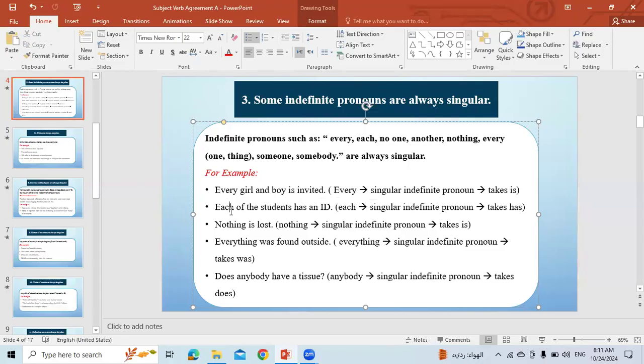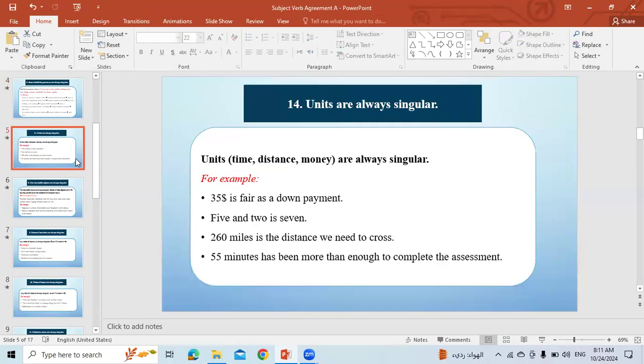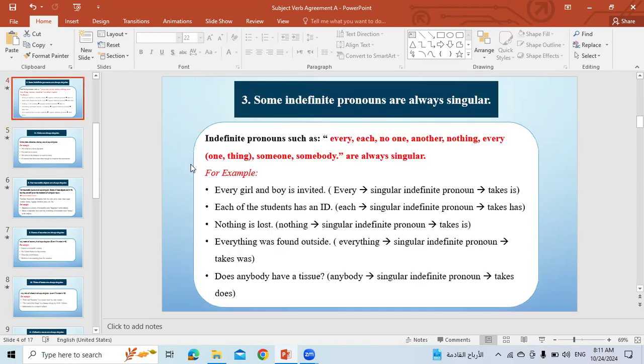So, the first rule, any sentence that begins with each, every, none, no one, nothing, another, everyone, everything, whatever, is always singular. This is rule 1. Now, remember, we have 3 rules: the always singular, the always plural, and both. We started with the always singular.